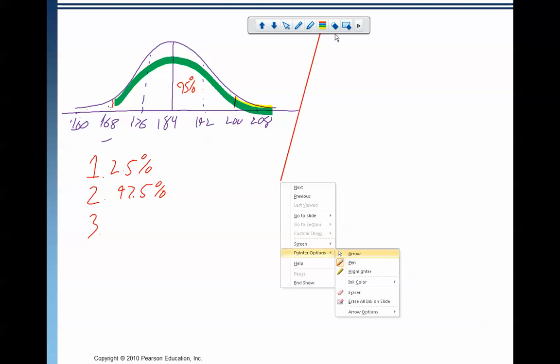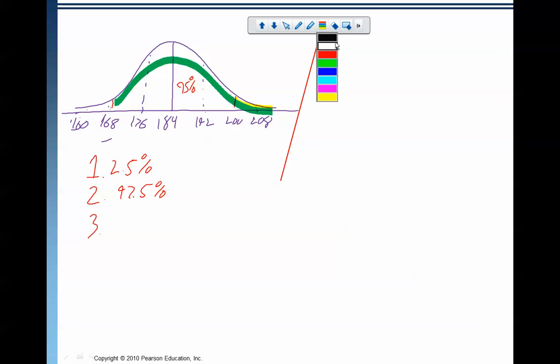What's number 3? 176 and 168. So we're talking about that section right there. All right, what do we know? We know that from here to here is 95%.